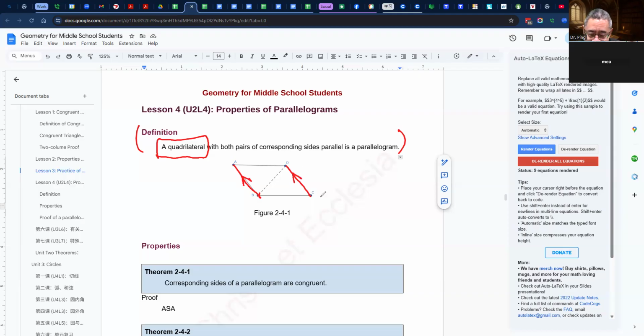So that's one pair. Then the other pair, this side has to be parallel to that. We got this parallel to that. So as long as we have one pair of corresponding sides parallel and the second pair also parallel, then this is a parallelogram. Good.